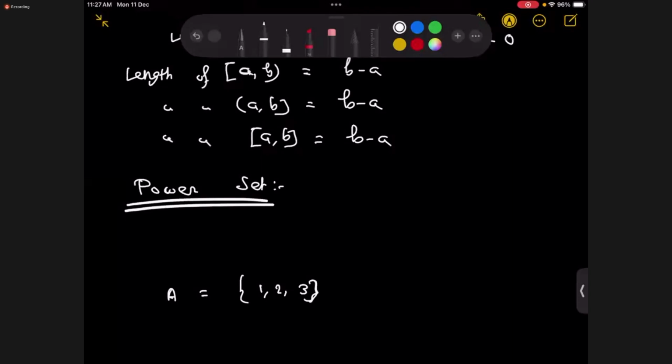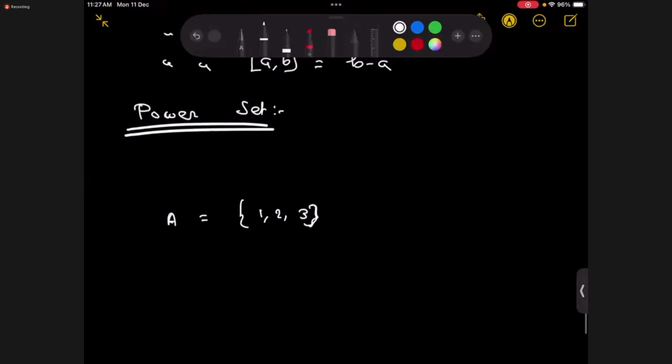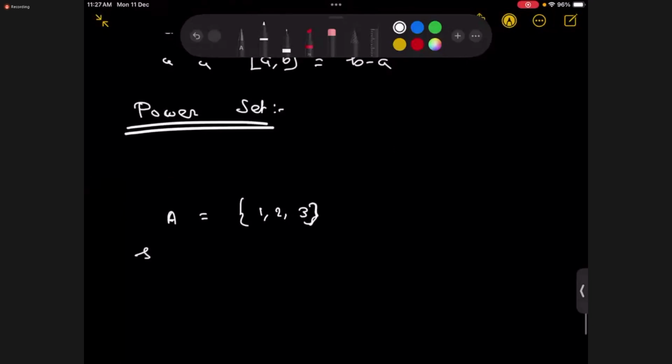So what are the subsets of this set? The subsets of A are: phi, because we have already discussed that phi is a subset of every set, in the last class.